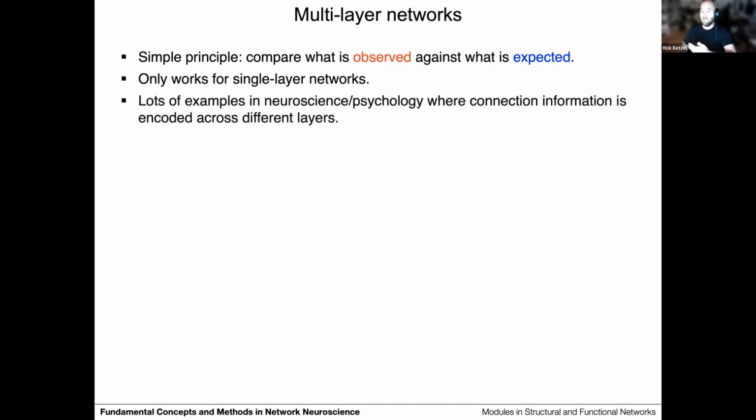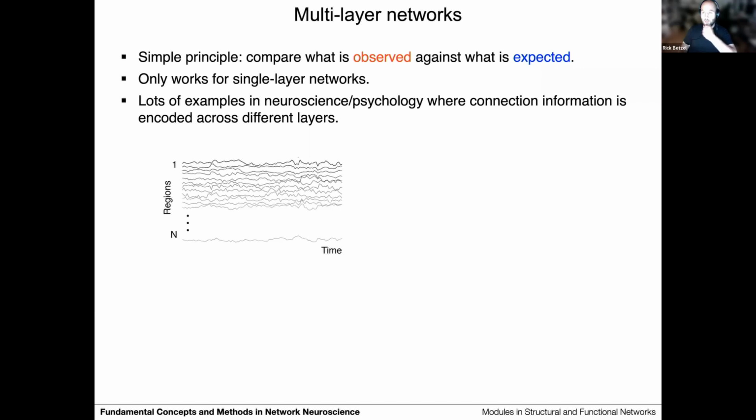But there are lots of examples in the neuroscience, psychology, and biology literature where connectivity information is not easily encoded in a single layer, but is actually distributed across different layers. Some good examples in human neuroimaging and cognitive neuroscience include so-called time-varying connectivity.